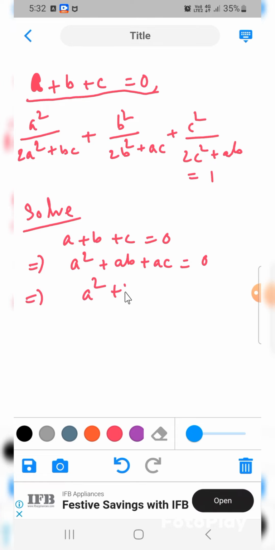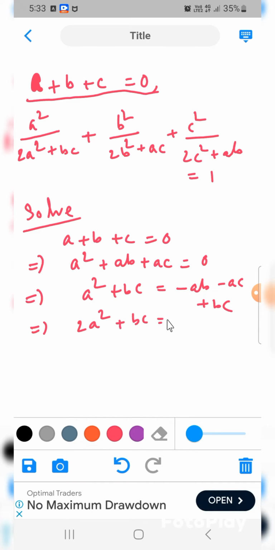A square plus BC is equal to minus AB minus AC plus BC, and we will again take A square both sides, then it will be 2A square plus BC is equal to A square minus AB minus AC plus BC. Then if we take common from first two terms, it will be A minus B plus C.